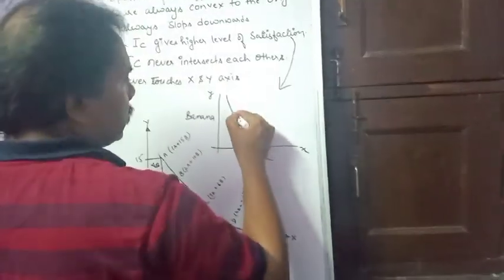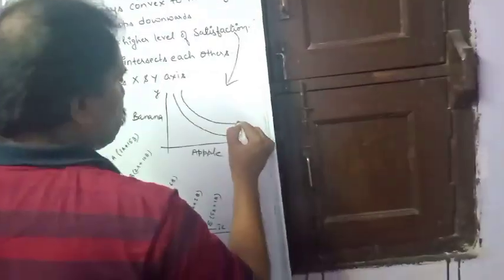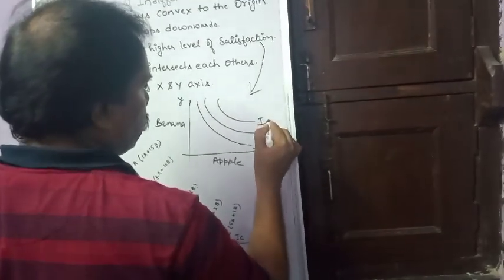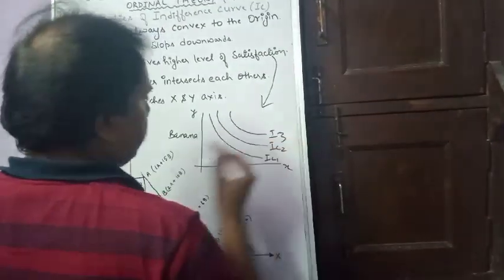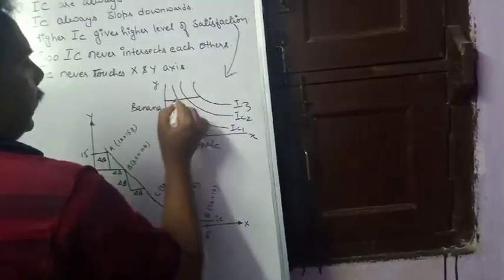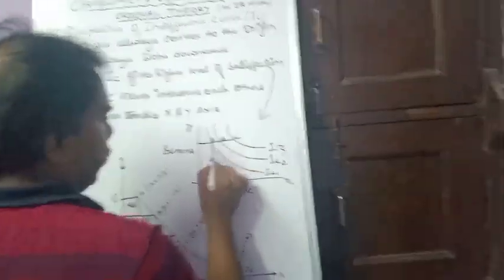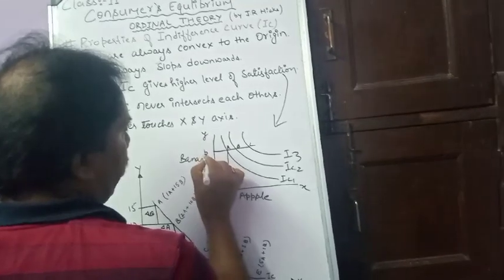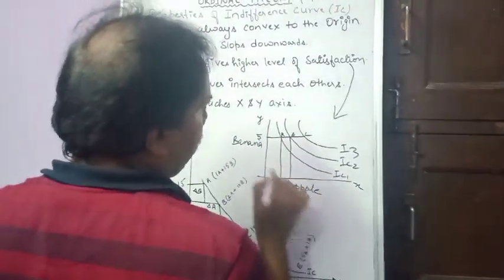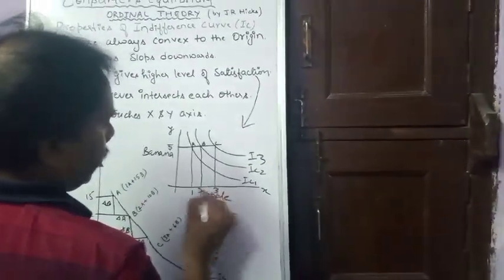So suppose this is IC1, this is IC2, and this is IC3. Let there be A, B, C. So here we can find, let that be 5 banana, 1 apple. This is again 5 banana, 2 apple. This is again 5 banana, 3 apple.